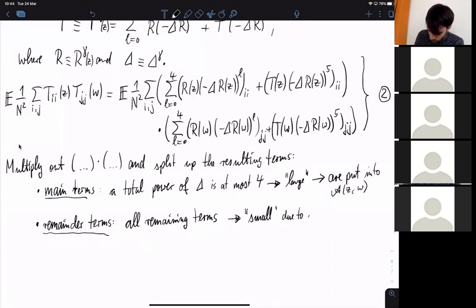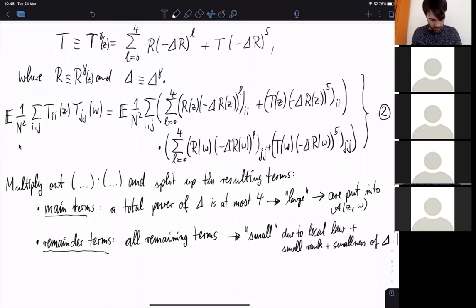due to local law plus small rank plus smallness of delta. Okay, so that's now the vague idea. I will make it more precise.